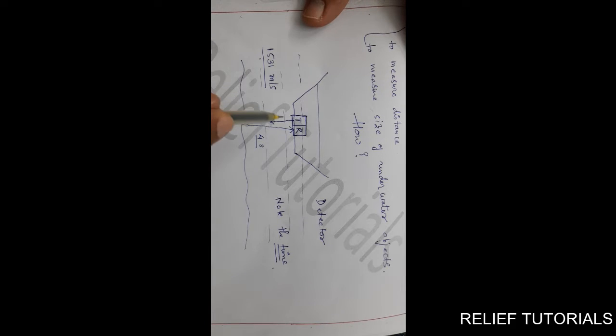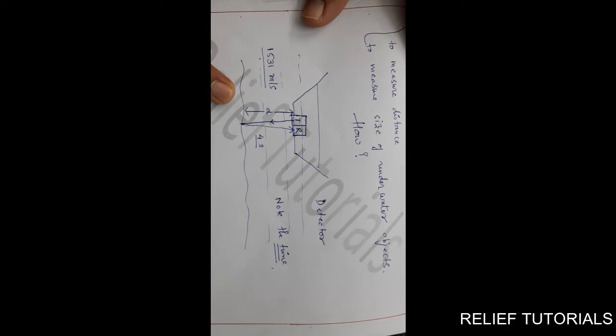Now, what is the distance traveled? The distance from the ship to the bottom is nothing but the depth of the sea. So this distance is d.